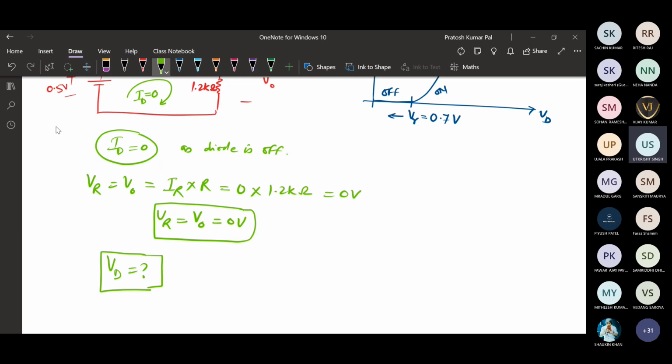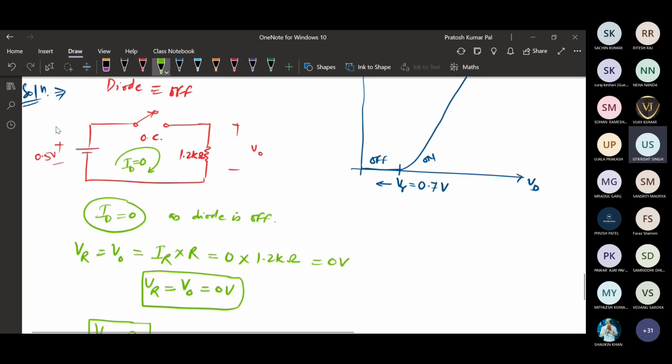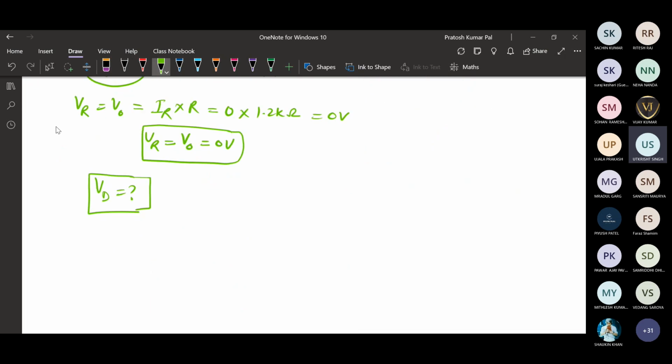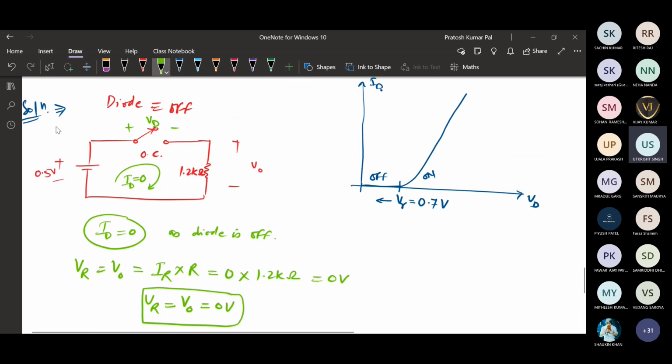To find the voltage drop across the diode, here this is positive and this is negative, this is the voltage drop across the diode. We will apply KVL to the network. For each component we have the sign.